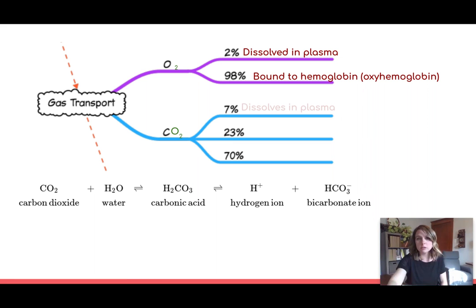Carbon dioxide is a little bit different. About 7% of it is dissolved in the plasma itself. And we don't normally talk about this when we talk about red blood cells. It transports oxygen. Yes, it also transports carbon dioxide. Carbon dioxide will also bind to hemoglobin. When oxygen gets dropped off, it will pick up about a quarter of the carbon dioxide, which ends up in your red blood cells attached to hemoglobin.